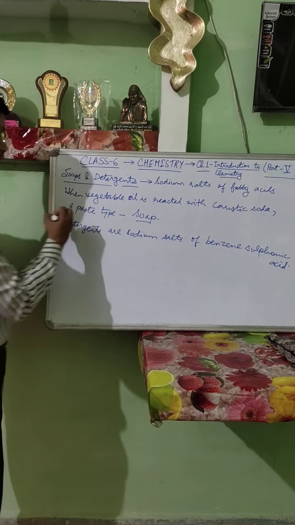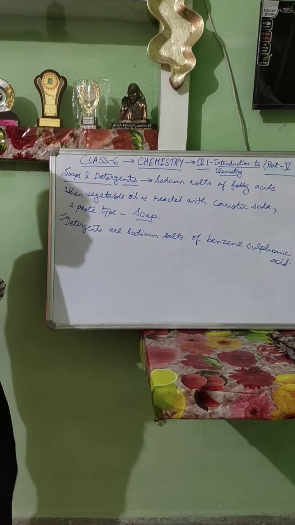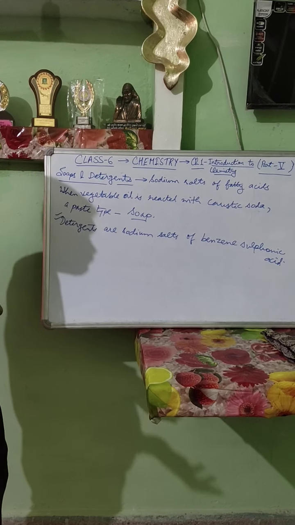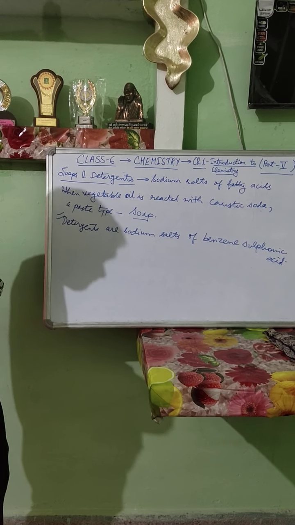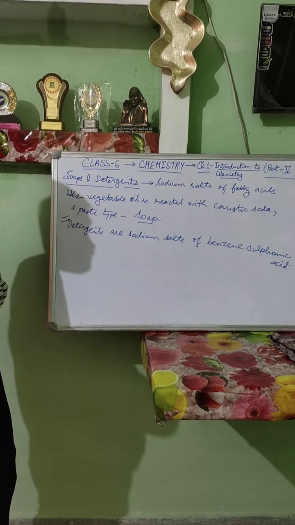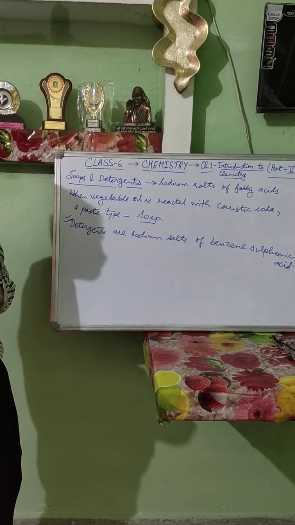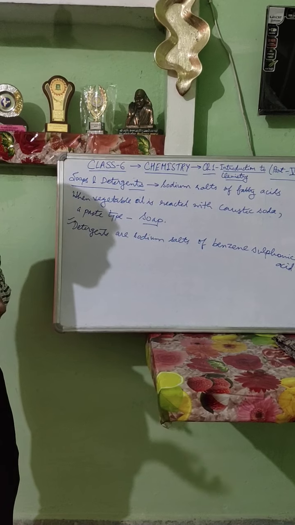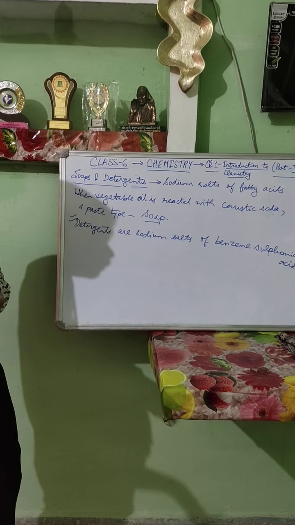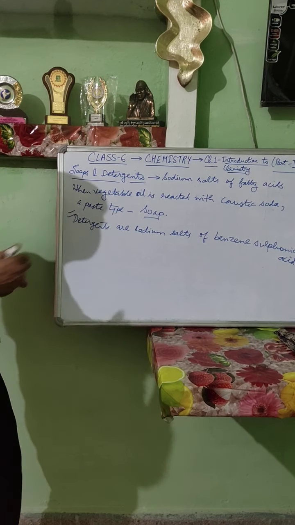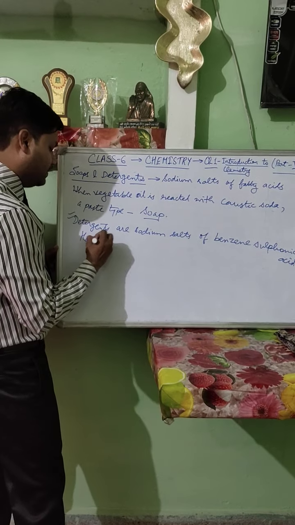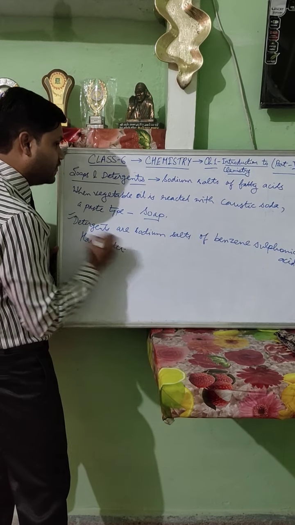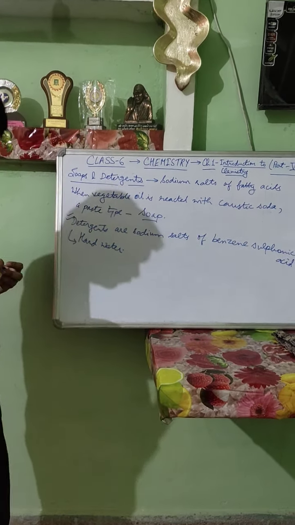That's why we prefer to use detergents in hard water, because we mostly get hard water in our homes. Hard water is water containing dissolved impurities of calcium and magnesium. The water we get from municipalities and borings is hard water only. So detergents can easily be used in hard water also.